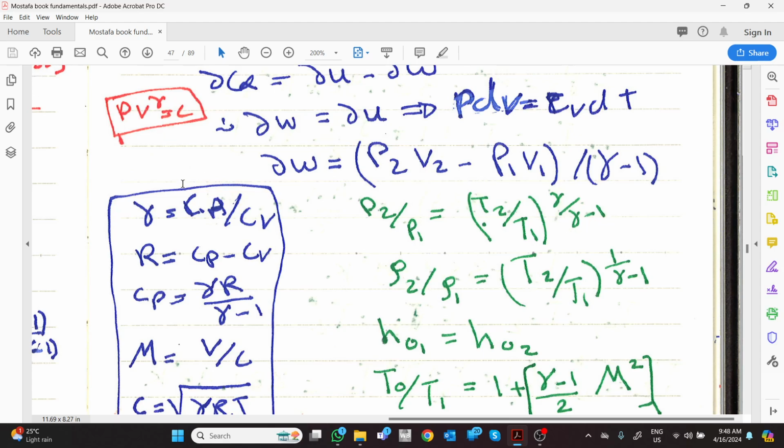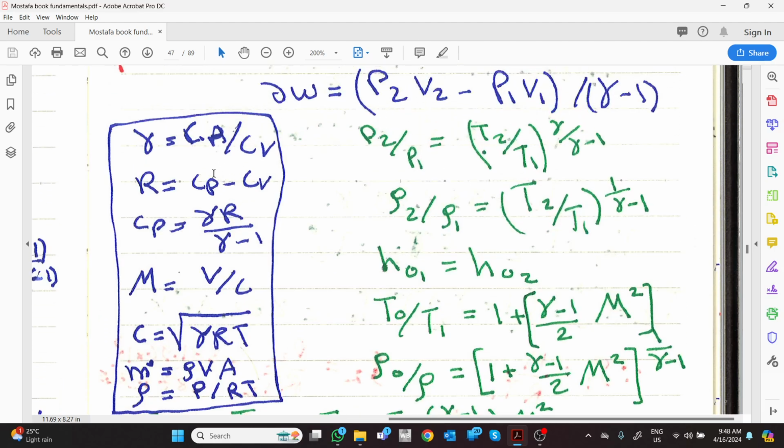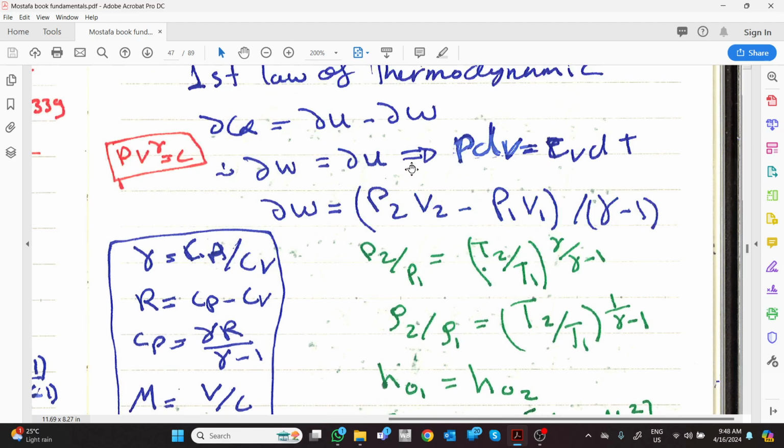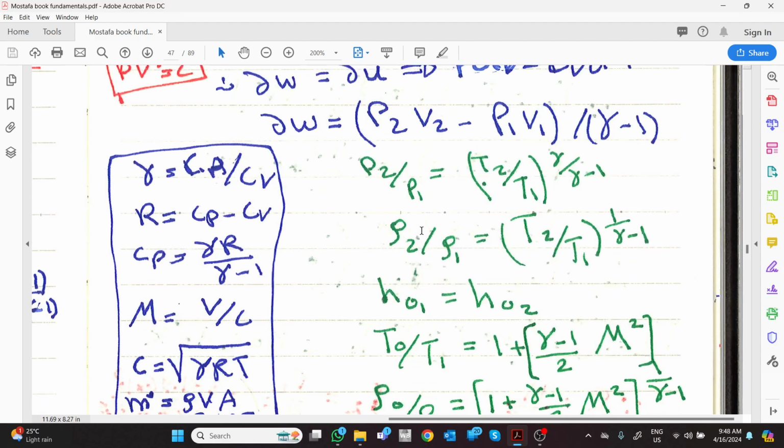Gamma is 1.4, by the way, and gamma is Cp divided by Cv. Okay, this is thermodynamics. So based on this, you can identify the density, from PV equals mRT.